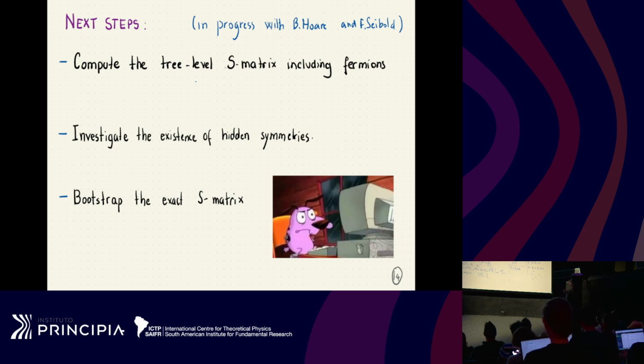So we would like to understand what is actually happening, but we also would like to understand if there is a hidden symmetry, some type of elliptic structure, that would help us bootstrap the full exact S-matrix.